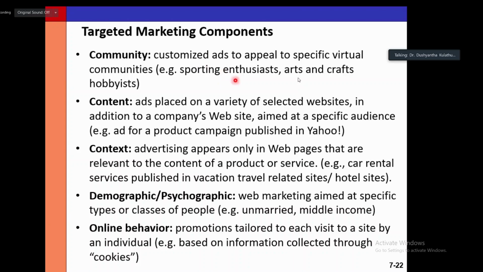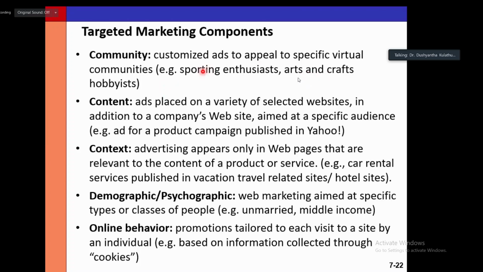So we may be better off displaying advertisements in such a community site. So that is an example. Again, if we are selling some paintings or something like that, and there are virtual communities connecting people who are interested in those things, we can target them.